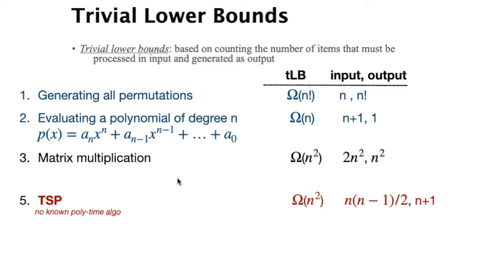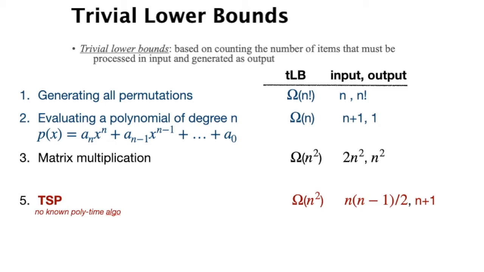The trivial lower bound sometimes provides a useful bound, but is often too low to be useful, especially for combinatorial optimization problems. Here we have four problems with their corresponding trivial lower bounds, the TLB. I also highlighted the size of the input and the output to establish how the trivial lower bound is obtained.